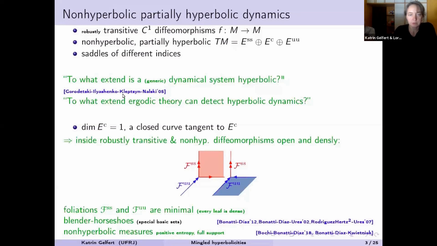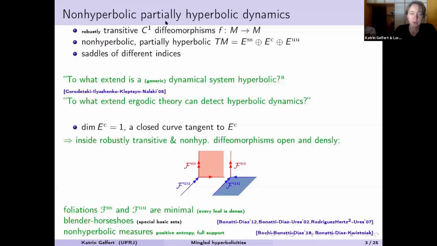And Christian already mentioned some of those works that show that the strong stable and the strong unstable foliations are minimal. And for that, in these works, they also heavily use tools like blender horseshoes.